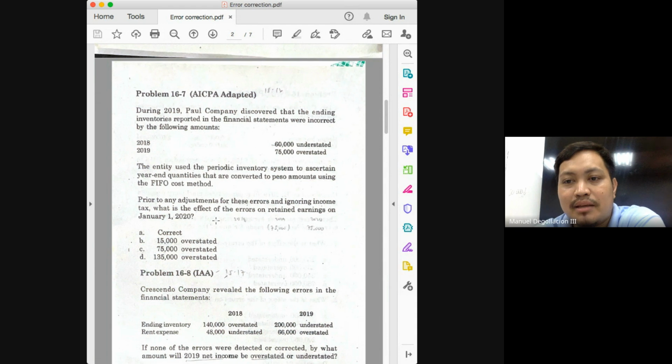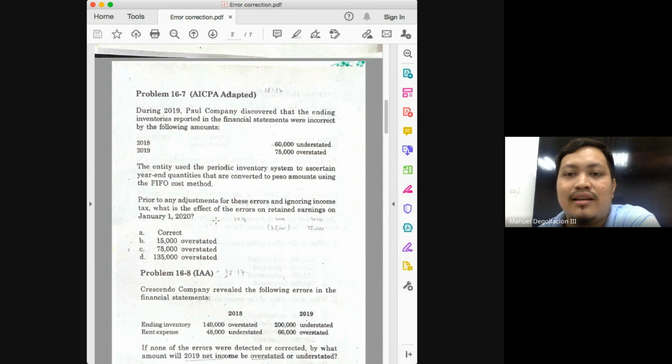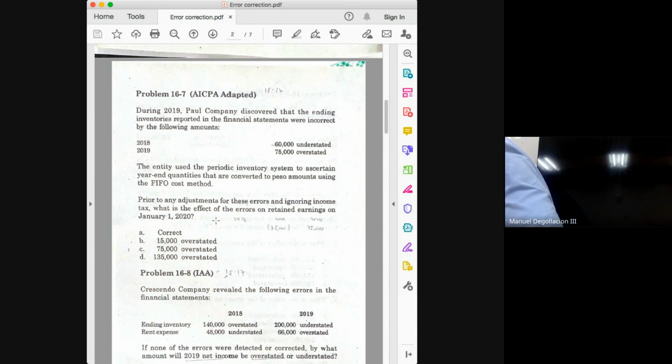So what does this mean? The beginning inventory in 2019 is understated. So if beginning inventory is understated, the goods available for sale is understated as well. That would mean your cost of goods sold would be understated. And if your cost of goods sold is understated, your net income is overstated by 60 also.